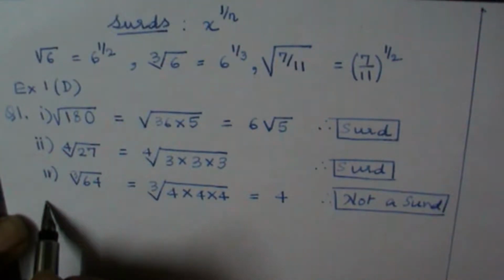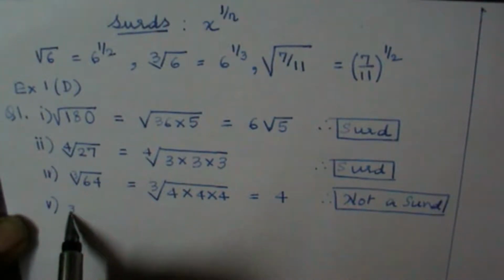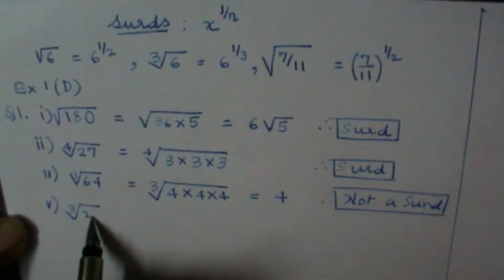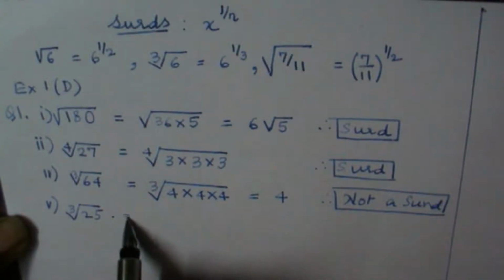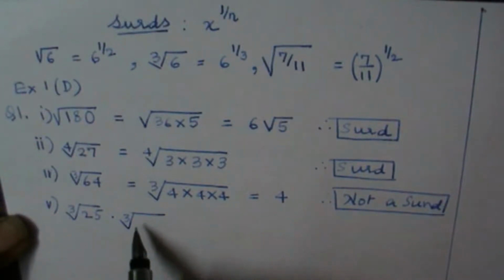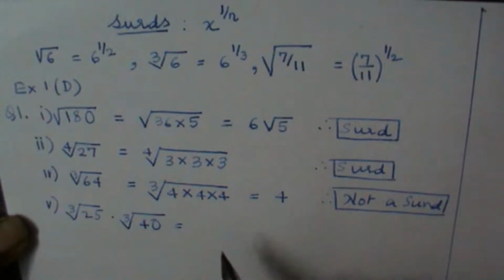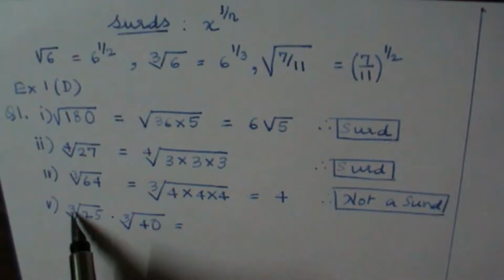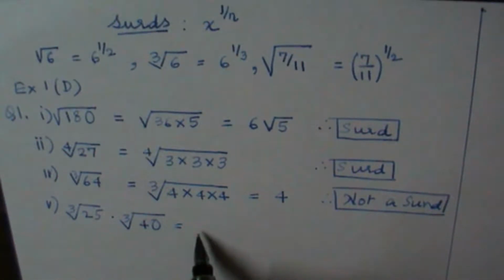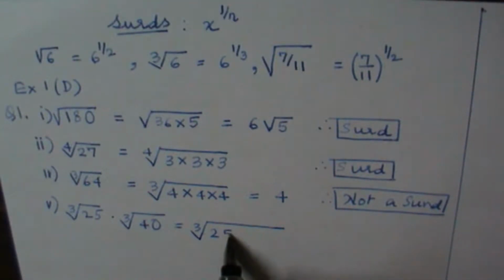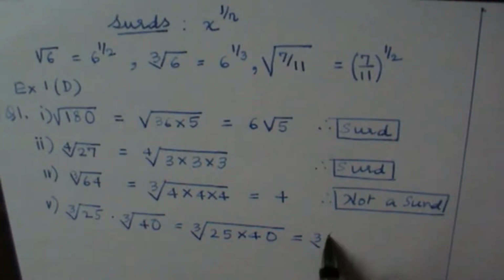We come to the 5th one, cube root of 25 into cube root of 40 is going to be, now this is a cube root, this is a cube root, so I can take the cube root of the product of 25 and 40, which gives me cube root of 25 into 4 gives me 100, and one more 0 makes it 1000.